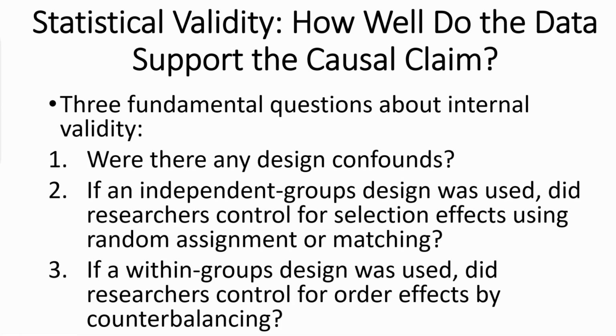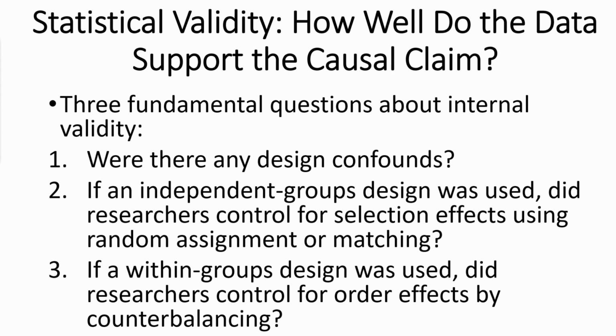And then last but not least, we can talk about our internal validity, which is something that we've focused on pretty much throughout this entire lecture. So we're going to summarize it down into 3 important questions that you should ask about internal validity. So the first thing we want to ask is, were there any design confounds?